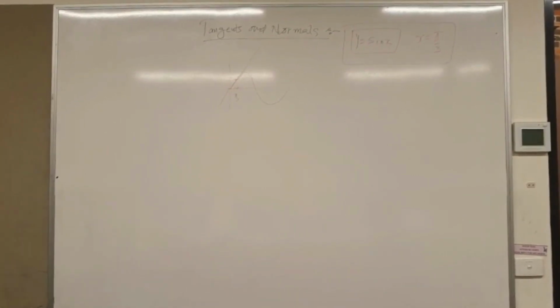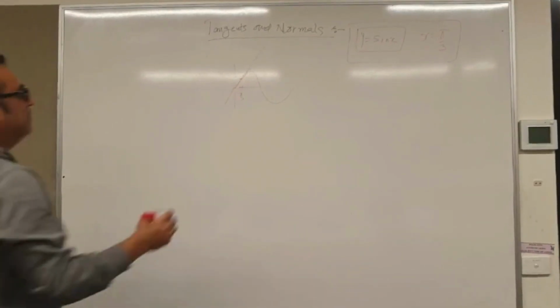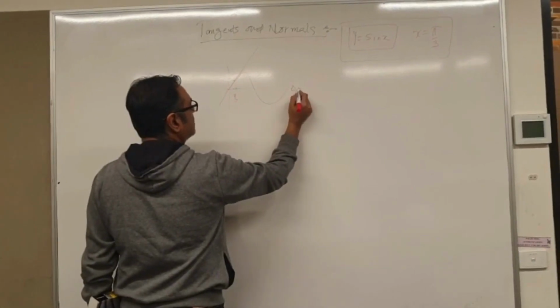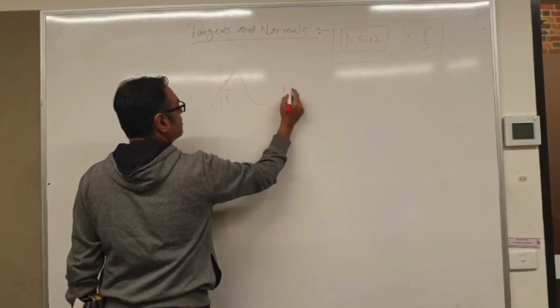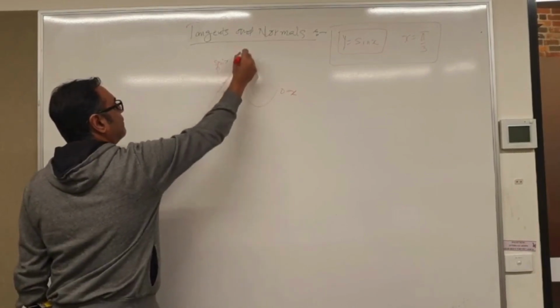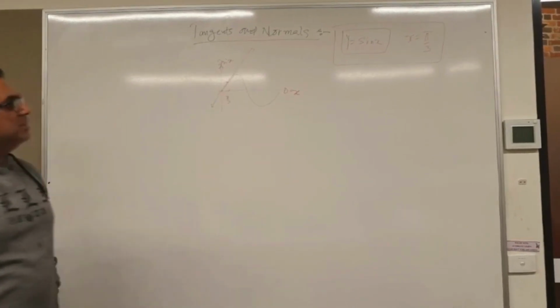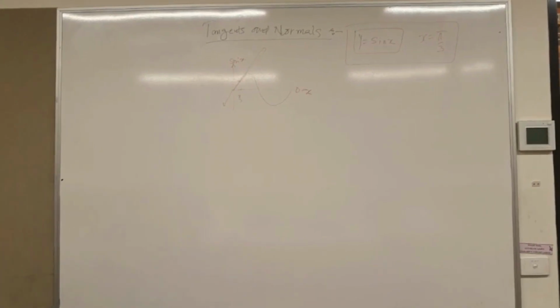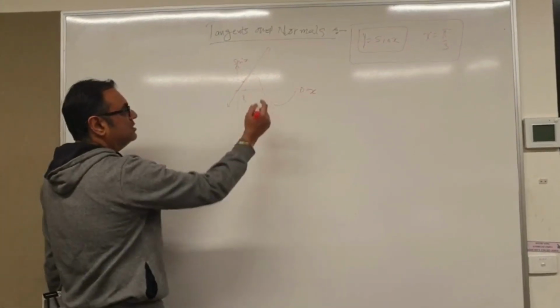That's the equation of the tangent I'm after, correct? This is y equals sine x. I need to find the equation of this line.